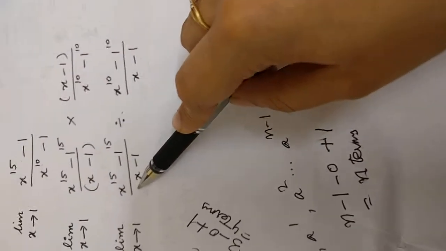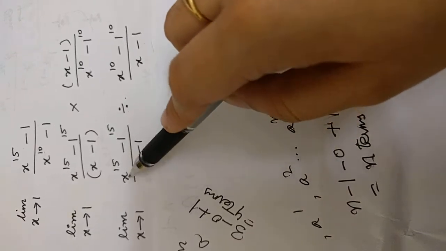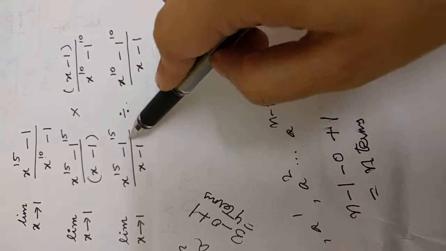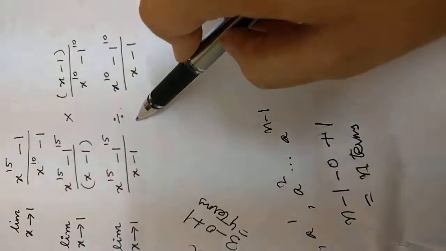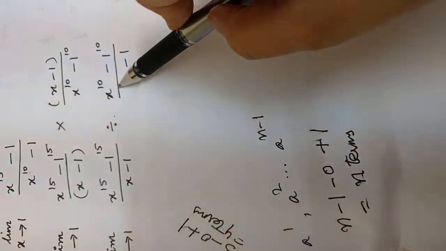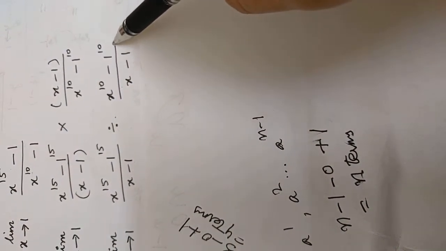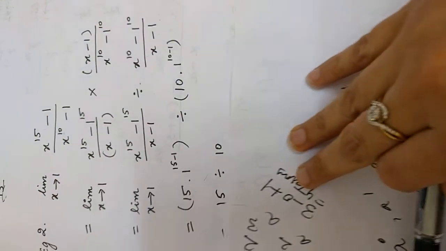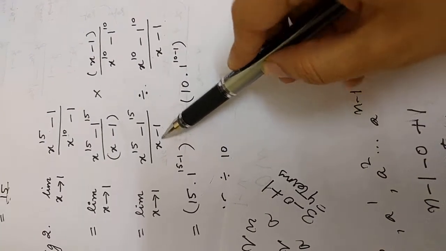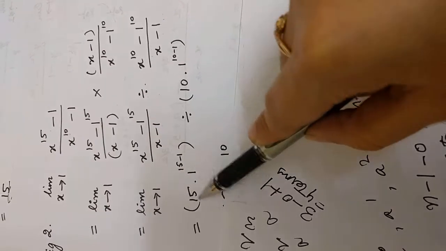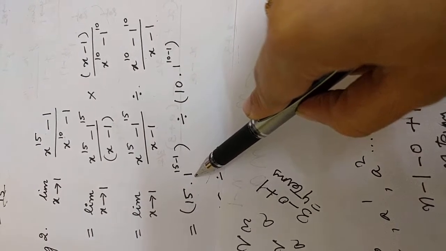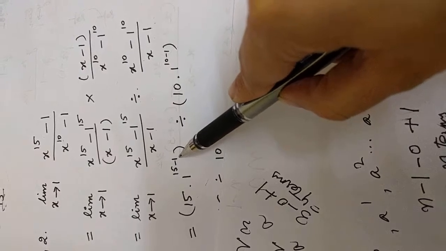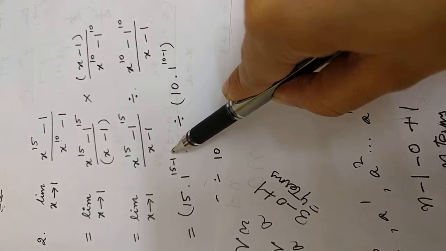So limit x tends to 1, x to the power 15 minus 1 to the power 15 upon x minus 1 divided by x to the power 10 minus 1 to the power 10 upon x minus 1. So simply equals to n, that is 15, into a, that is 1, to the power of n minus 1, that is 15 minus 1.